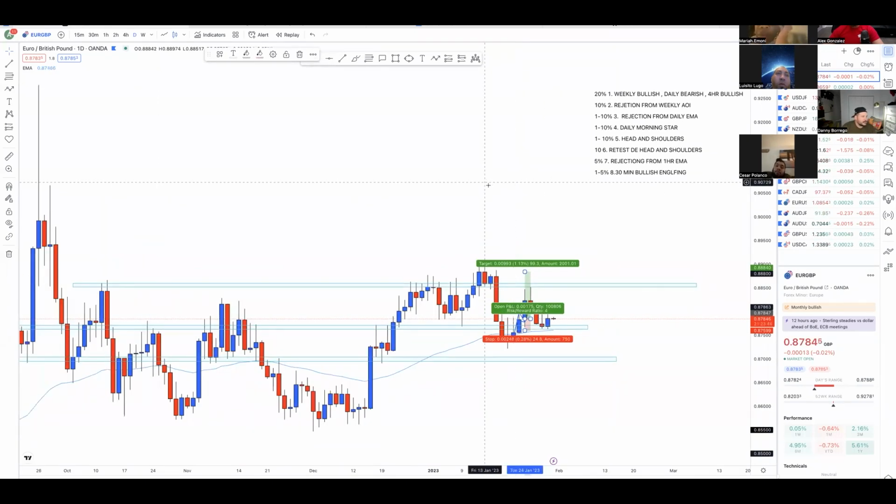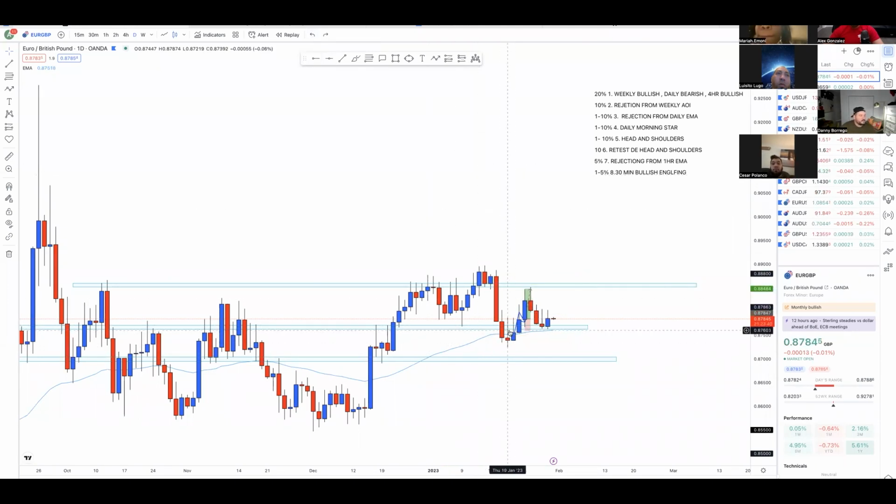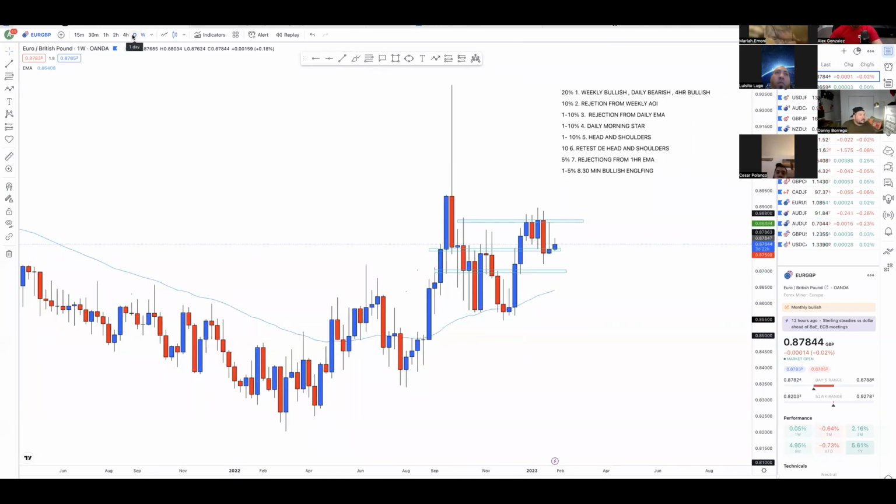But like I explain in the videos, I try to buy from a daily zone and get out at a daily zone. This was pretty much the first stop where price could have come in and had a rejection, because we've used it as resistance in the past. So I got into that trade, and if I had not done that, I would have pretty much gotten taken out at break even.